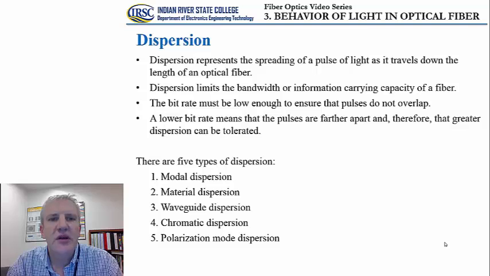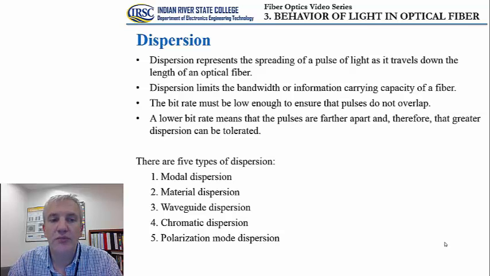So dispersion represents the spreading of a pulse of light as it travels down the length of an optical fiber. And as already mentioned, dispersion limits the bandwidth or information carrying capacity of a fiber. In other words, the bit rate must be low enough to ensure that the pulses do not overlap after they have been spread due to the effects of the dispersion.